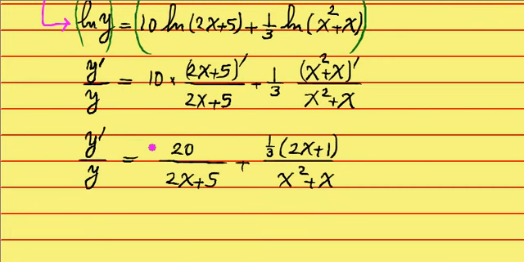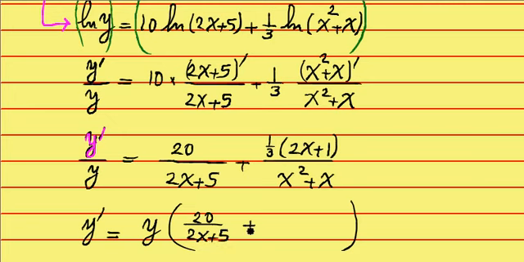Our aim was to catch y prime. So I might as well move this y to the right hand side. How do I move it to the right hand side? Just multiply by y. y times all of that stuff. So 20 over 2x plus 5 plus 1/3 of 2x plus 1 over x squared plus x.